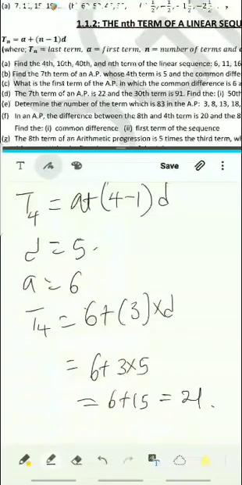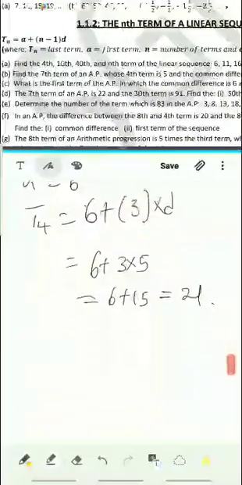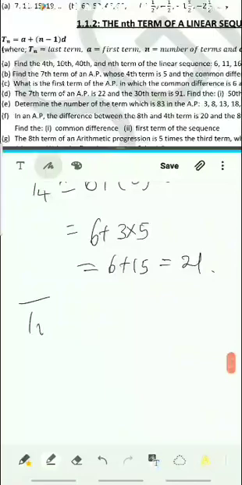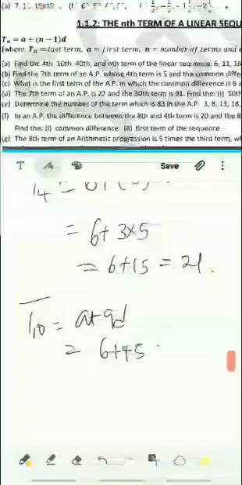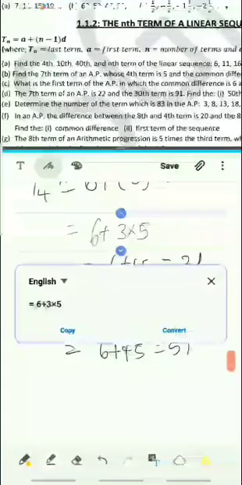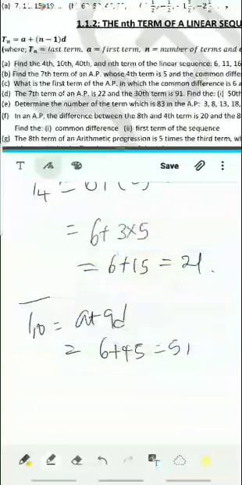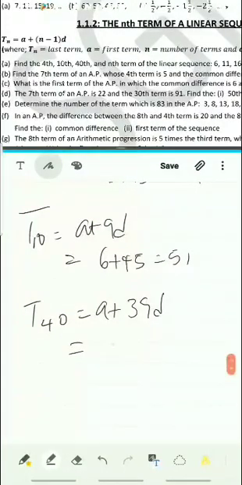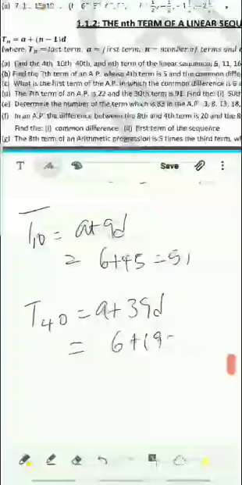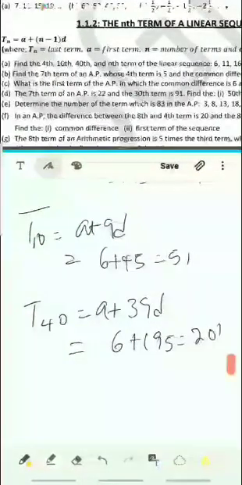So the 4th term is 21. If you solve on your own, the 10th term, that's A plus 9D, equal to 6 plus 45, 51. And the 40th term, T40, is A plus 39D, giving you 6 plus 195, giving you 201.